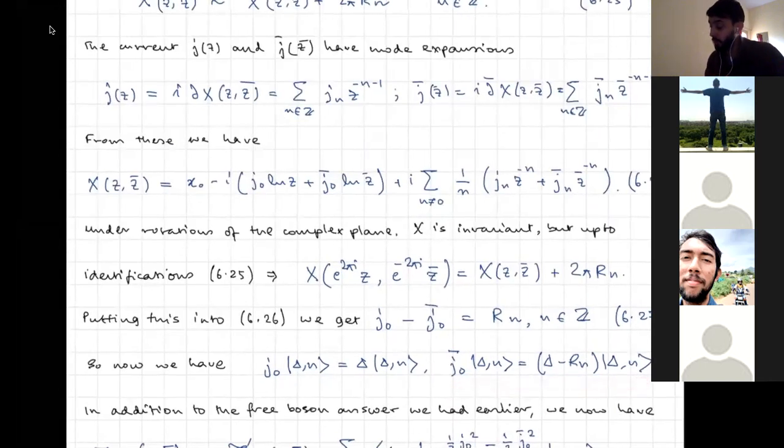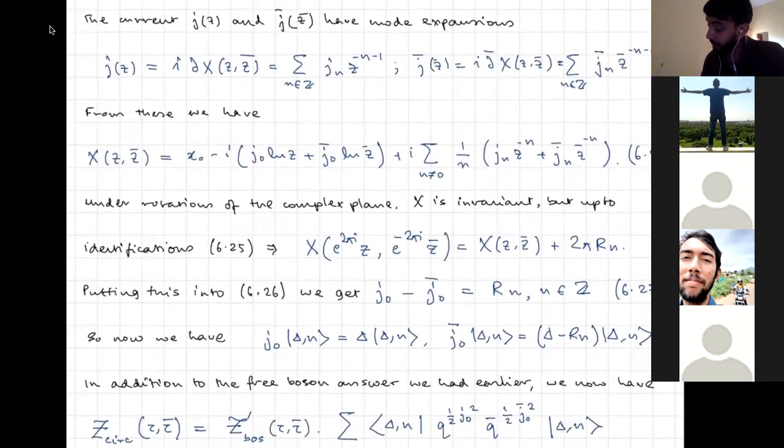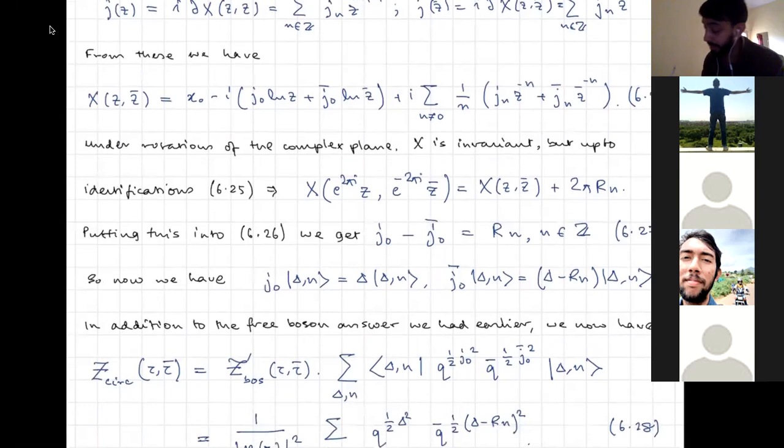And so we see that we need to impose this on our states. Okay. So in addition to the free boson answer that we had before, now we are going to have the partition function on the circle, which is the free boson answer, times this guy which we have here.